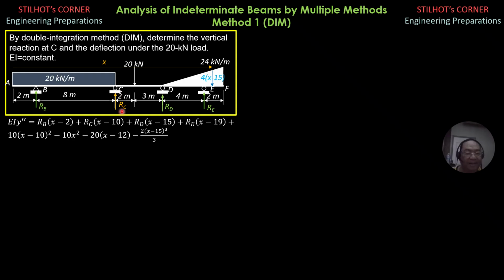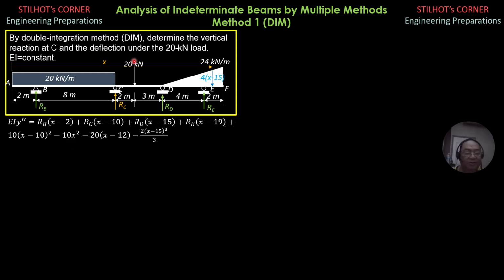Again, imagine a uniform load here of 20, because we extend, imagine also an extension of this 20 kilonewton load. So plus 20 times (x minus 10), times (x minus 10) over 2. So that's 10 times (x minus 10) squared. Then minus the moment of this loading, which is entirely up to here, 20 times x over 2, or minus 10x squared.